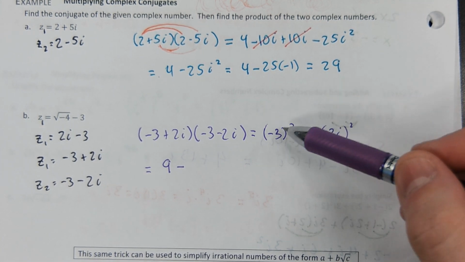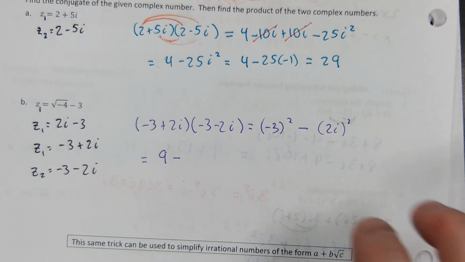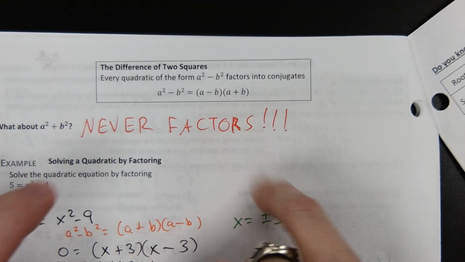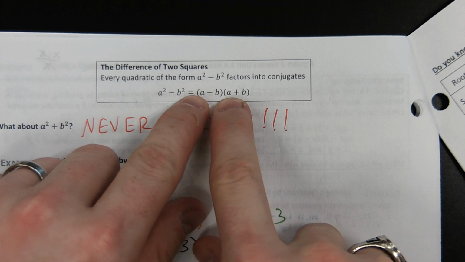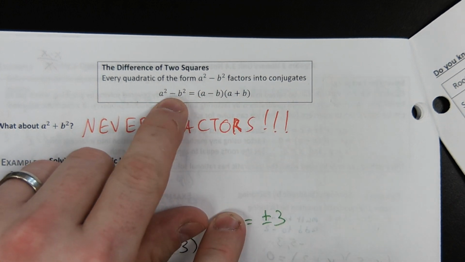What part? Negative 3 times negative 3 being 9? Okay, so we're going to go back 2 pages like I said a moment ago. And I'm going to show you, if you're multiplying conjugates, you square the front number, you square the back number, you put a minus sign in between.